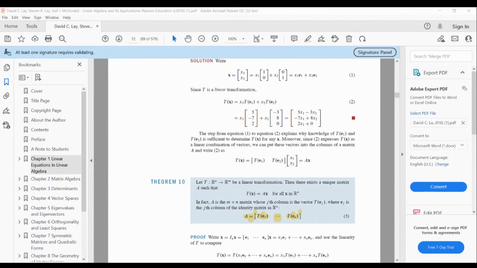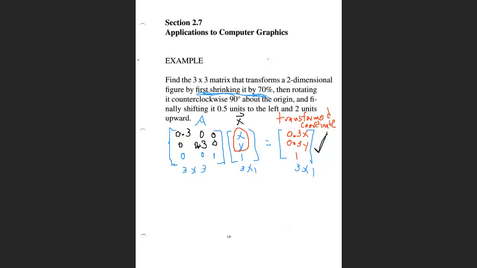So if we go back to the problem here, and it's nice now, the new Blackboard keeps the writing that you did. So like the vector 1, 0, which is E1, I knew that's E1.